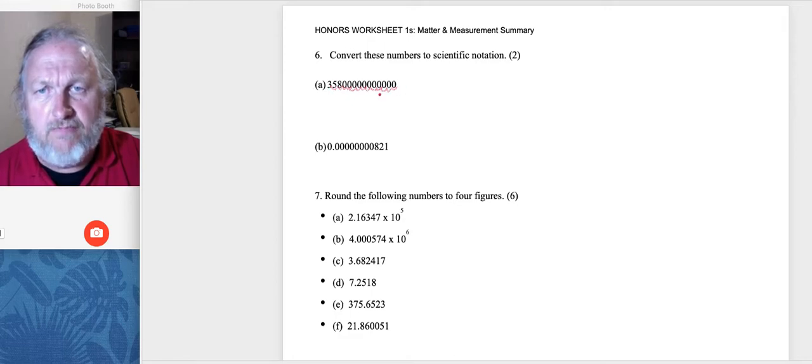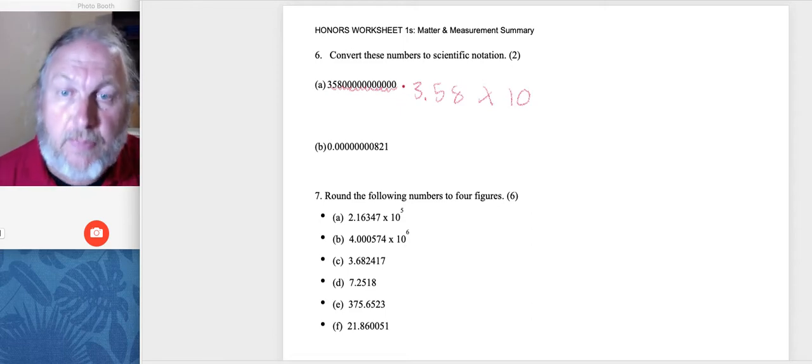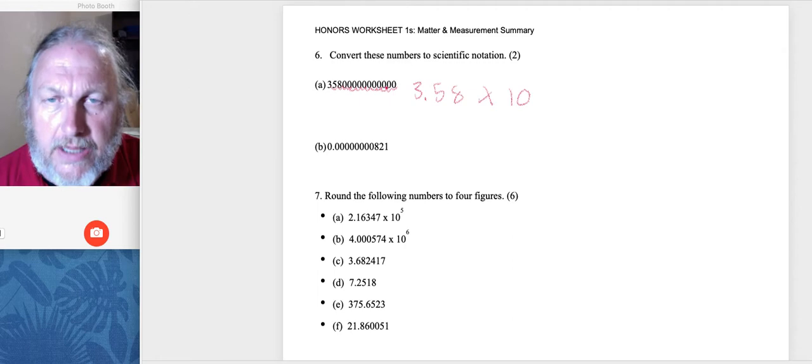If I move my decimal over 13 times to the left, I've still got a very big number. The way I show very big numbers is a positive exponent on my tens place. Each of those zeros means it is a place of 10.